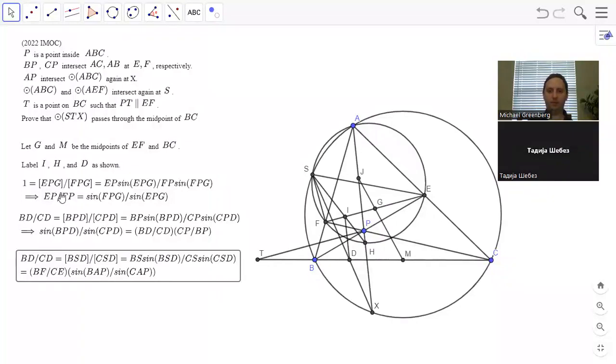P. Maybe use the same thing for triangle AFC now, since you would have those two angles, which we have sine, so it would come down to some Ceva's theorem or something like that in the end. Okay, so you said triangle, what was the triangle you said? AFC. AFC.